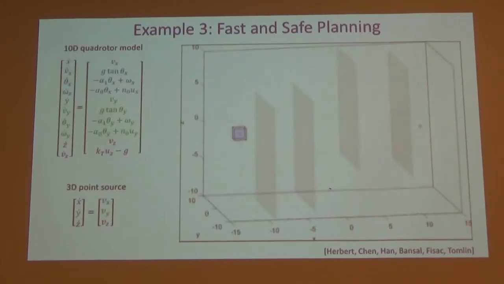Let me make it a little bit more concrete. Here is a 10D quadrotor model, and we want to plan a path for this quadrotor from this starting position to this goal position over here. There are obstacles, which are these gray walls over here, which we don't know beforehand. So we have to sense these obstacles in real time and plan our path around them. Now, any optimal control-based planner would likely be very slow for this application.